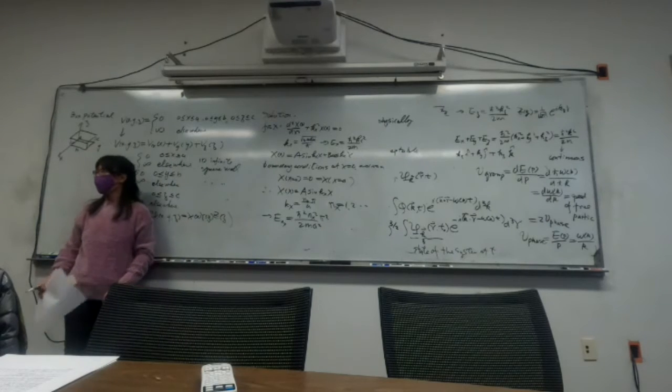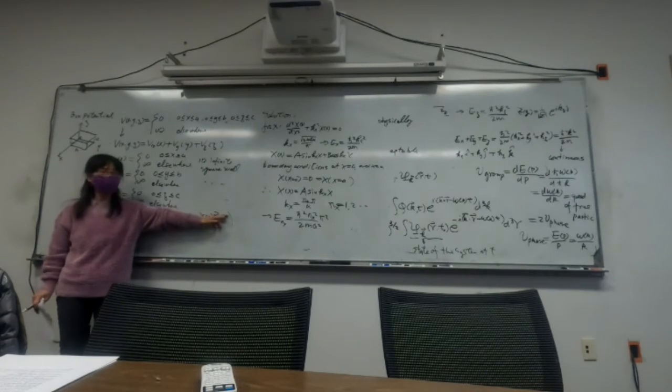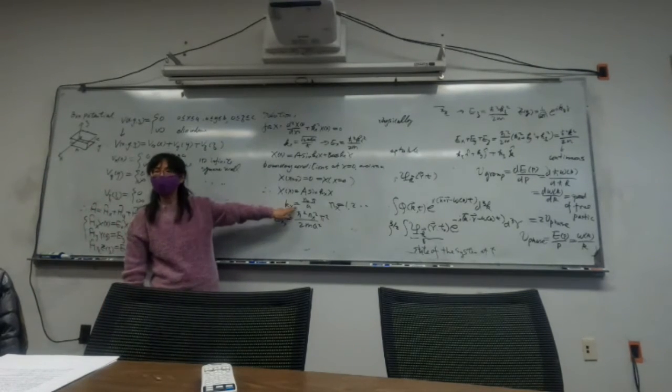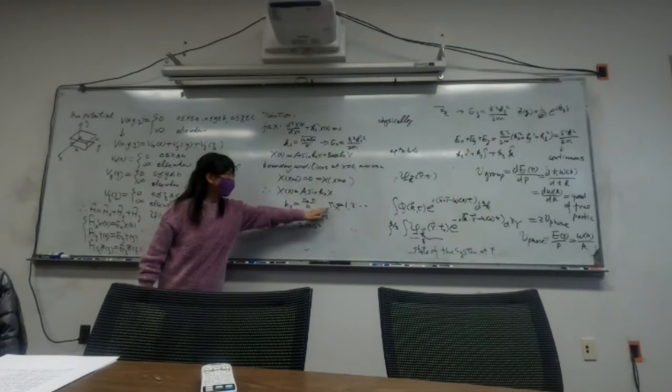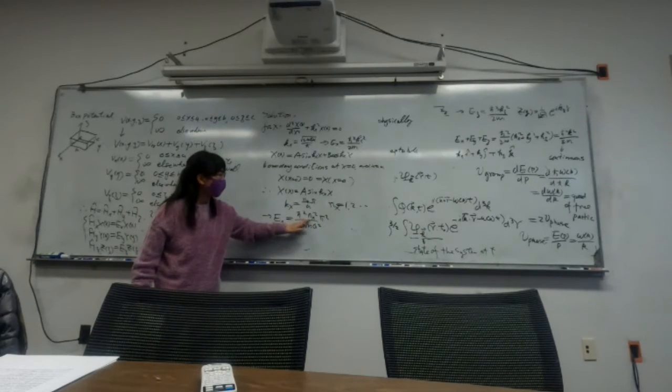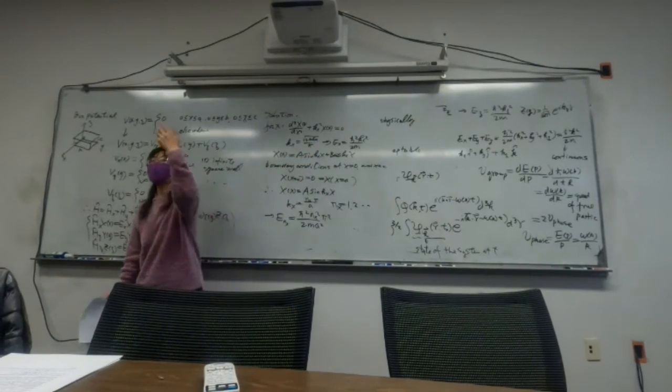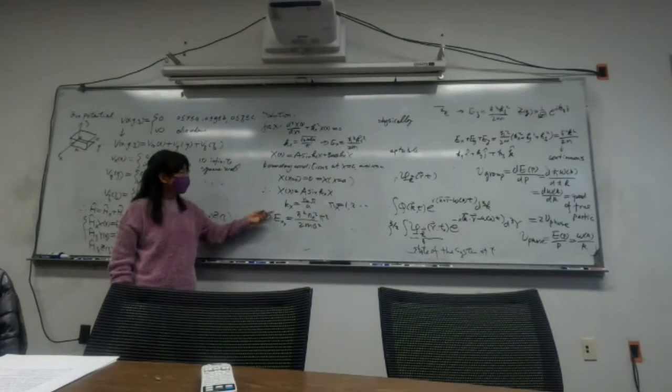It's a quantum number. So the energy is quantized, or discrete, because of the boundary condition. This k_x gives this quantum number n_x, so E_x is also quantized, also discrete.